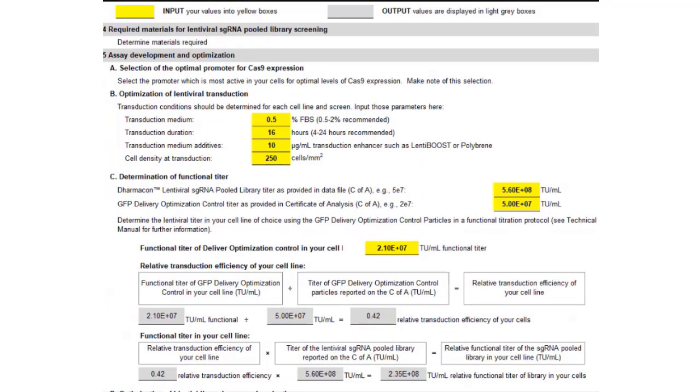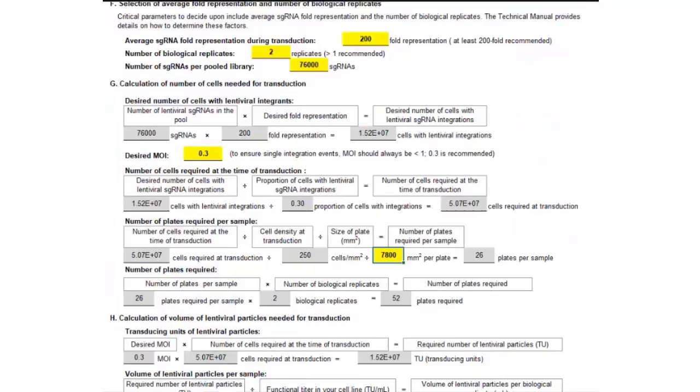If the functional titer of the cell line is lower, then we need more lentiviral particles. We estimated this value at the start of the worksheet, so it is important that you put your experimentally derived functional titer into the worksheet to ensure you are transducing your cells with an appropriate volume of virus.